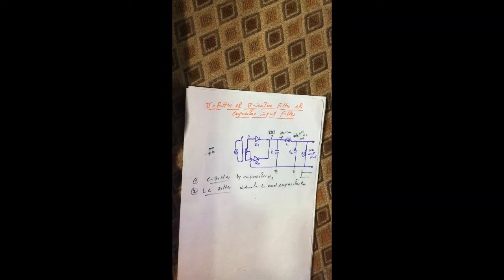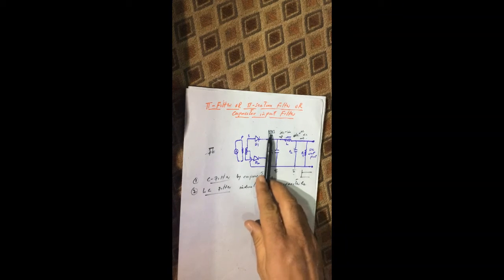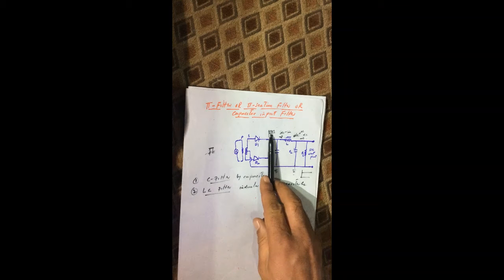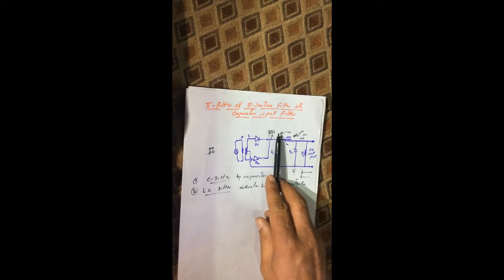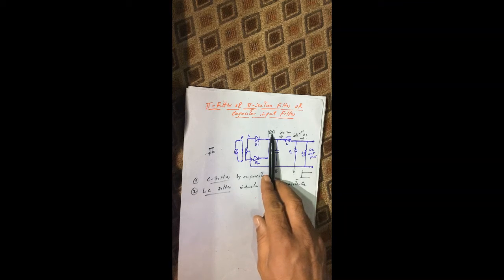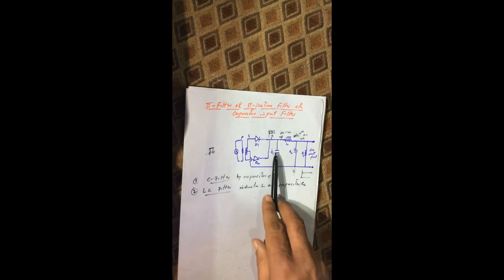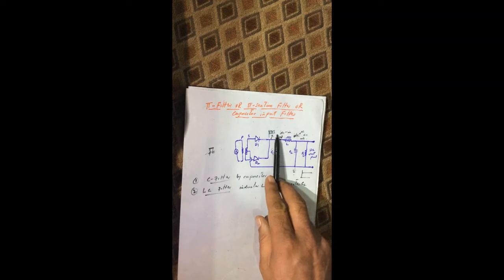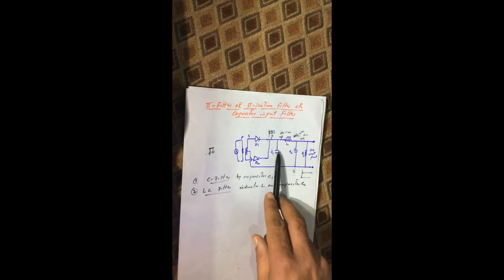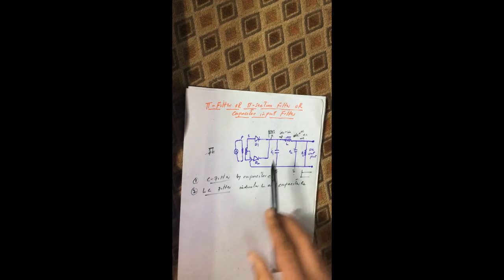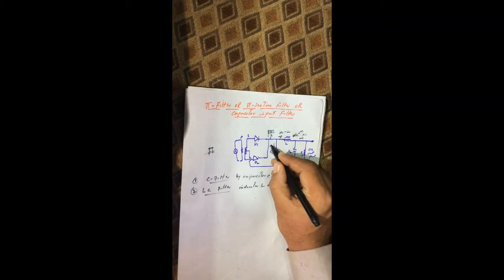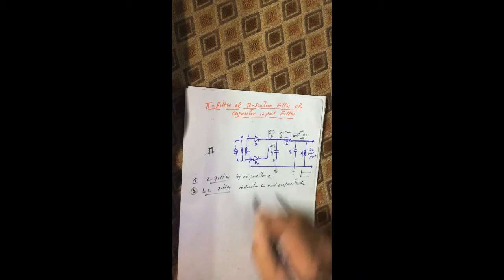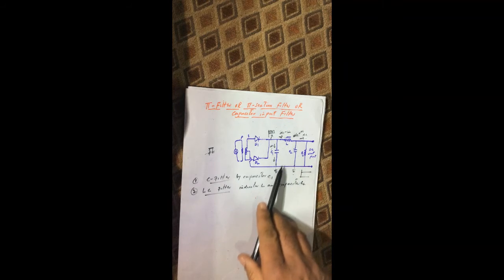So I have my notes, and I wrote in the notes that first the output of rectifier, which contains both AC and DC components, is sent through capacitor C1. This capacitor blocks DC, so DC will not pass through this capacitor, and it bypasses the AC component to the ground.